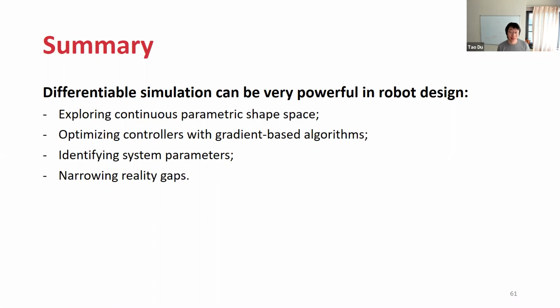It can unlock the usage of gradient-based algorithms in lots of very standard and common robotics tasks, like exploring the design space, optimizing the controllers, doing system identification, and narrowing the sim-to-real gap.